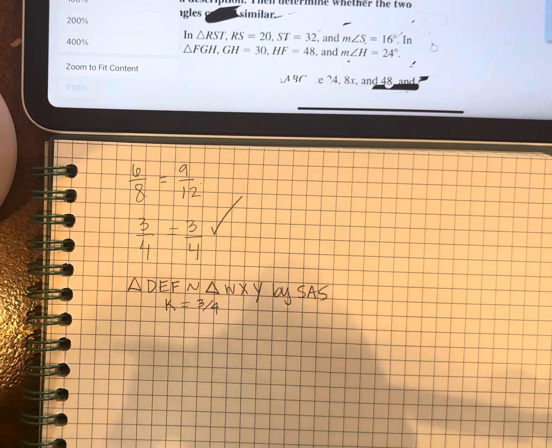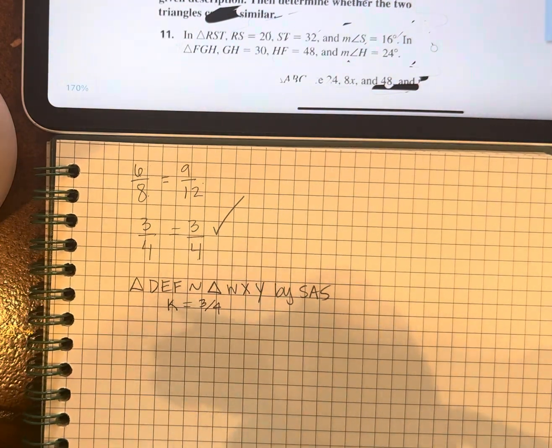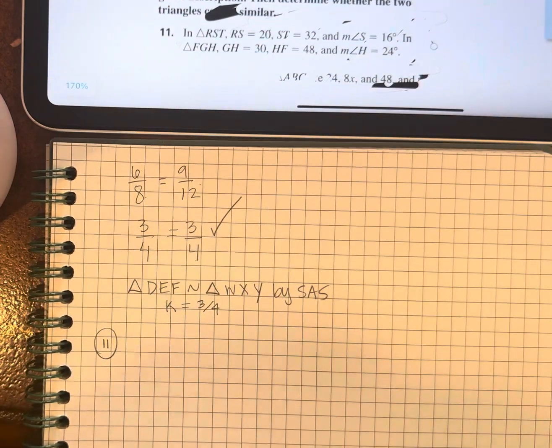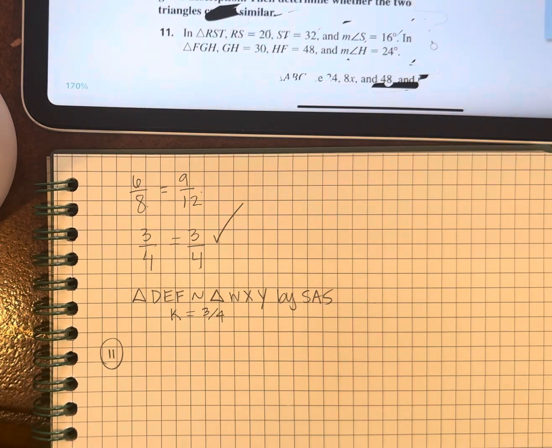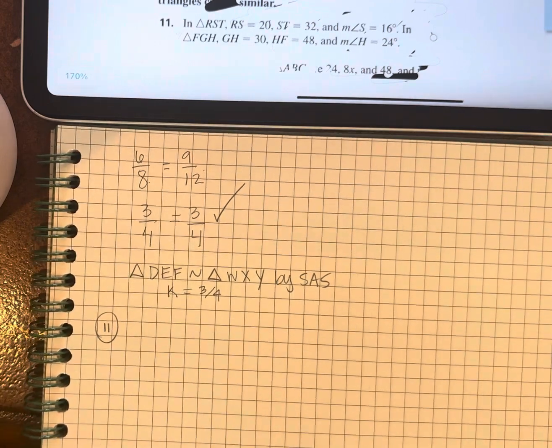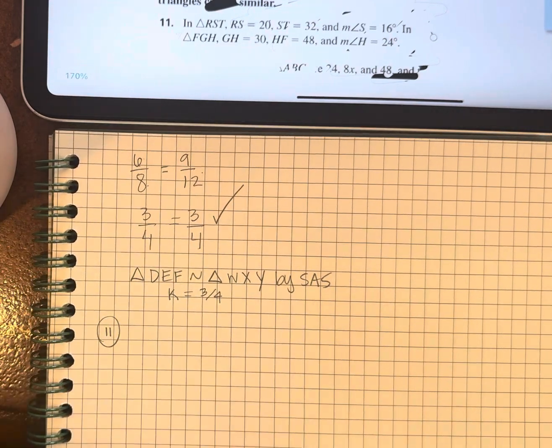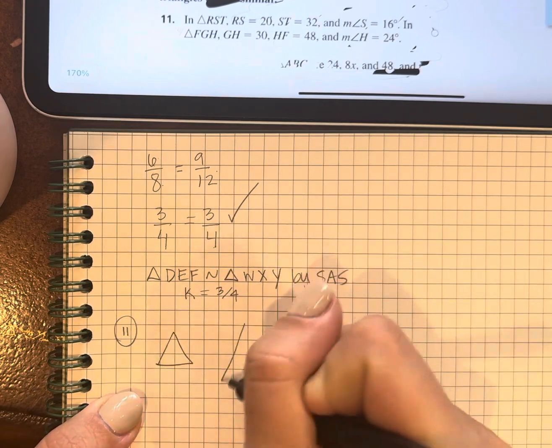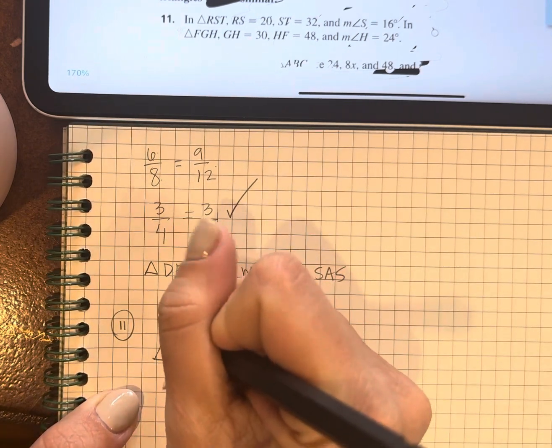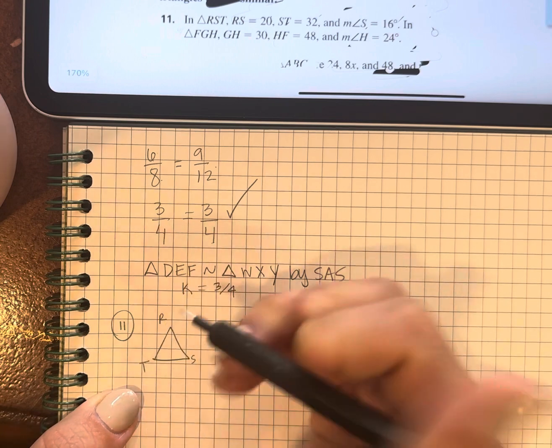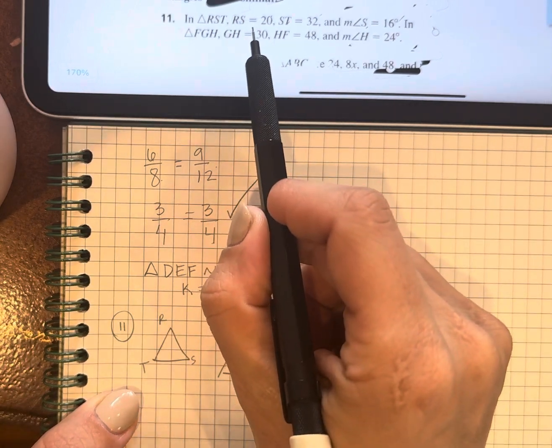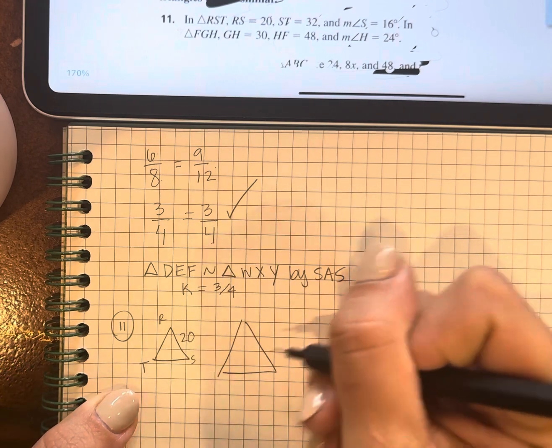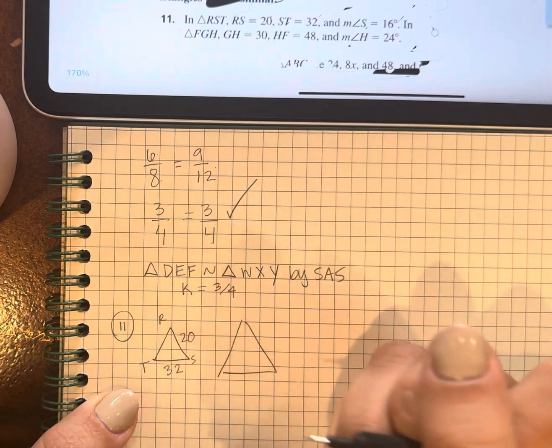Okay, now I'm gonna slide this up, and we're gonna do number 11. Number 11 says, sketch the triangles using the given description and then determine whether the two triangles are similar. Okay, so I've got two triangles. I have RST as the problem is describing. RS is 20. ST is 32.